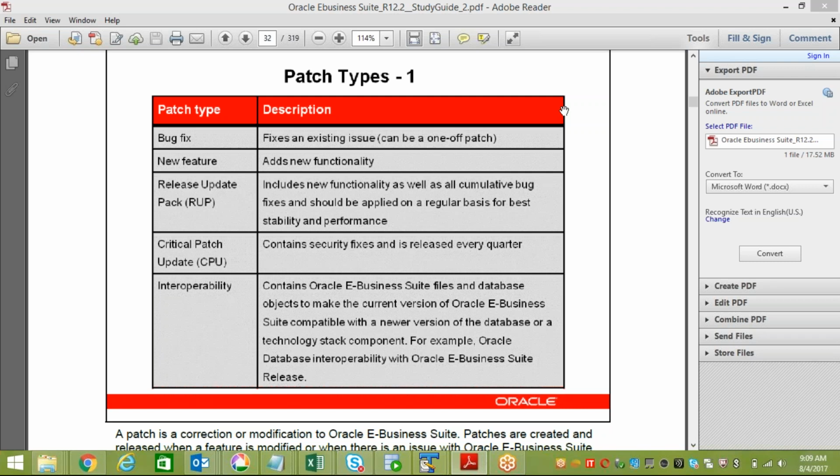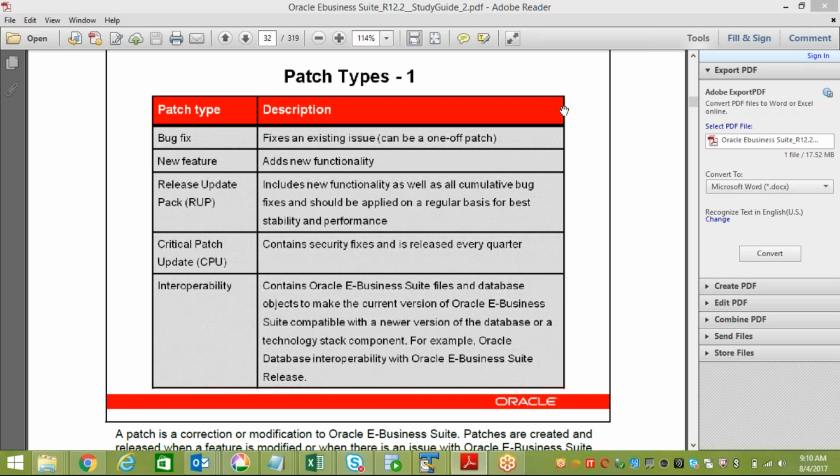Basically, the same parameters, same inputs you would be providing, same precautions you would be taking before applying the patch, same post patch steps you would be performing. Everything is the same. The only thing is, when you apply the patch, AOP will take care of it internally, whether it is a rollup patch, a new feature or a bug fix. Everything has to be taken care of by the patch utility. The way you apply is the same. You don't need to worry.